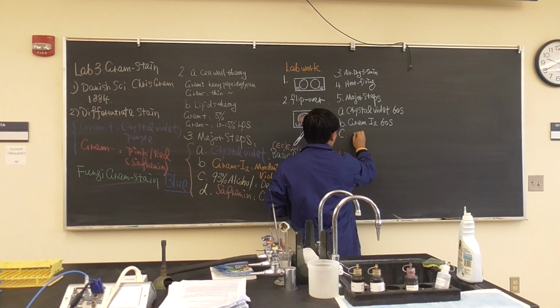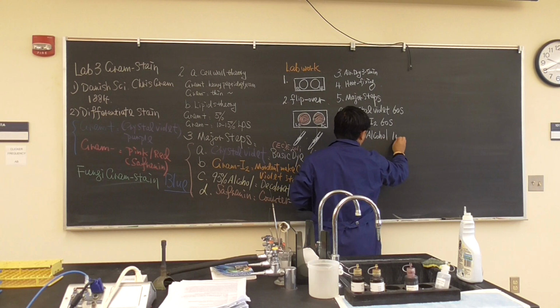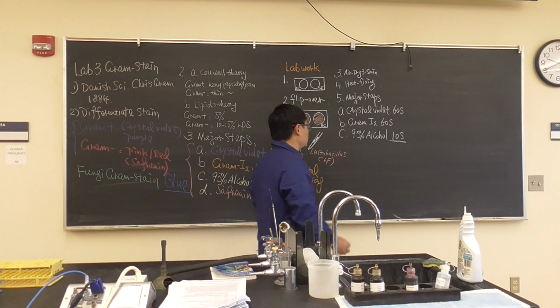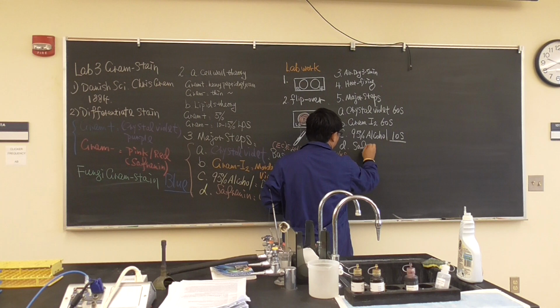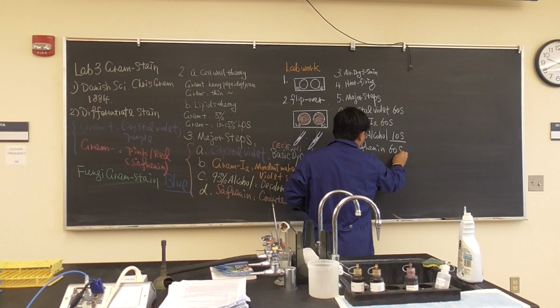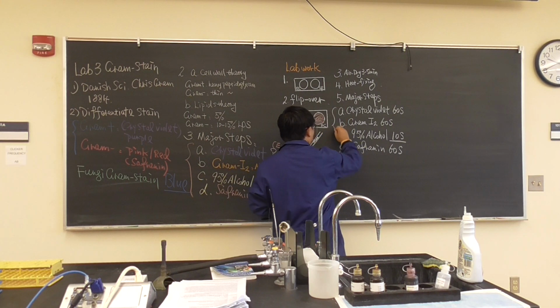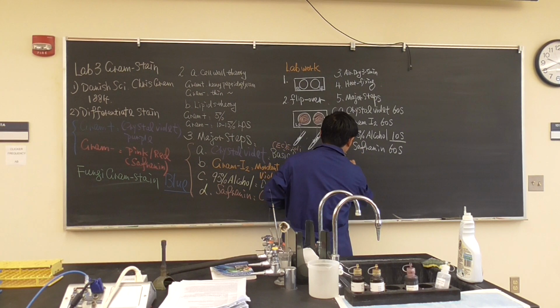Then you're going to add 95% alcohol. This will be very quick, only 10 seconds. This is called the decolorization process. So finally, we're going to counterstain with safranin. And safranin also 60 seconds. Now, very importantly, I want to mention that the time is flexible.